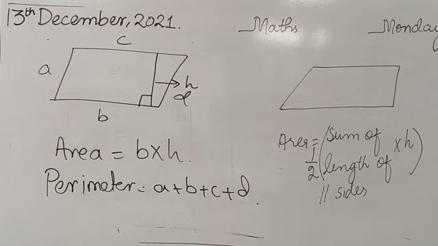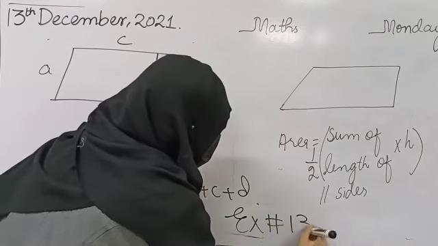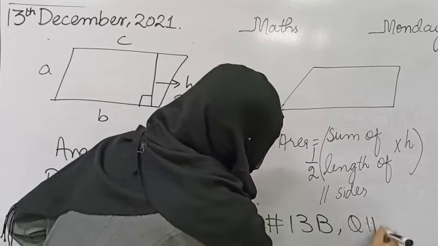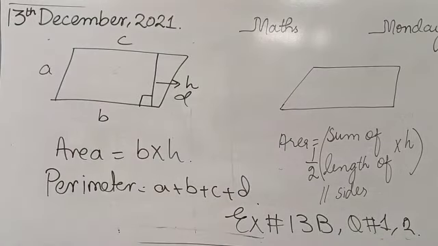In the first question, you will find the area of a parallelogram, and in the second question, you will find the area of a trapezium. Exercise 13B, questions number 1 and 2. This is your homework. Thank you students. Allah Hafiz.